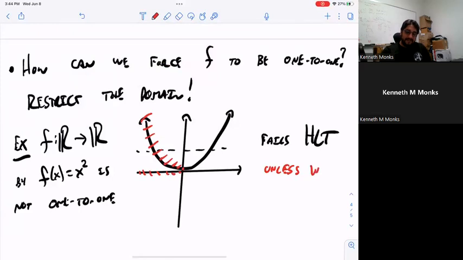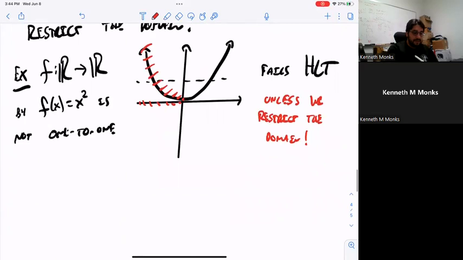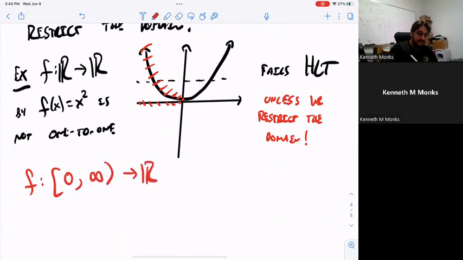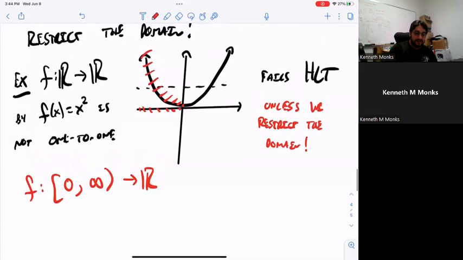So unless we restrict the domain. In this case, I am going to say let's keep just 0 to infinity as the new restricted domain. So keep this part of the graph. This is the new domain.